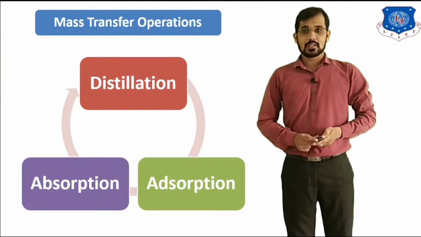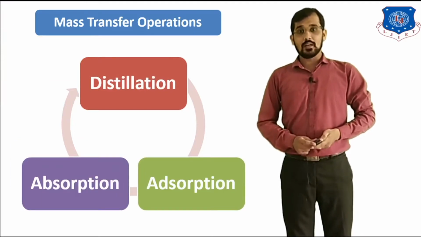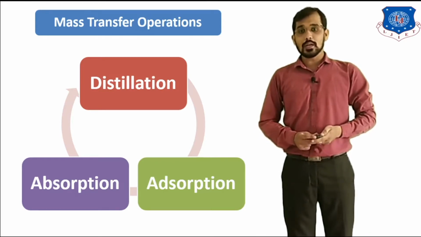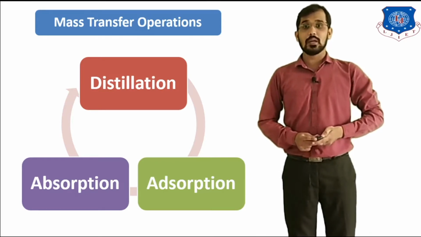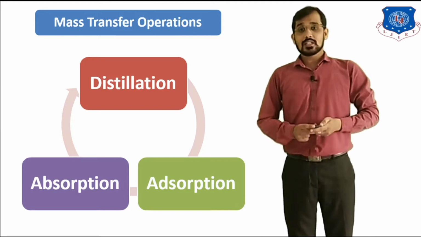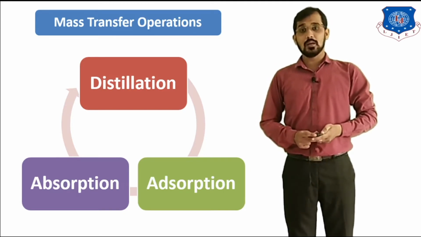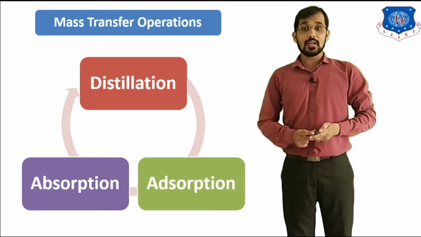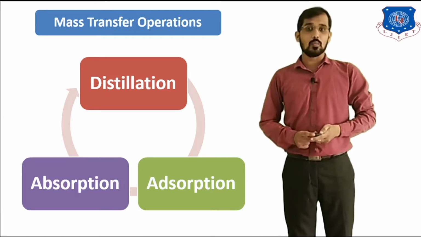Distillation is a separation technique in which we separate the components of a liquid mixture by using thermal energy. Thermal energy is nothing but heat, and in this technique, the driving force is the difference in boiling point and the difference in relative volatilities of the components.